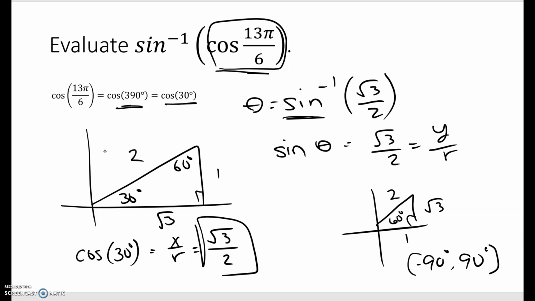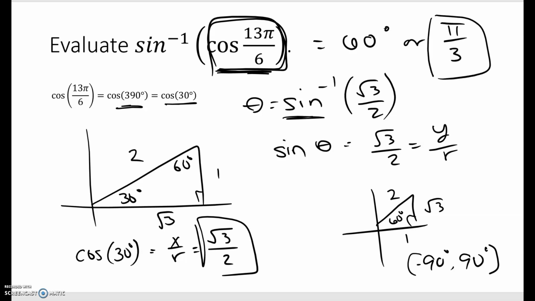Okay, so either our answer is 60 or it is pi over 3. Now because they give their question in pi or radians, we're going to give our answer in radians. So our final answer will be pi over 3.